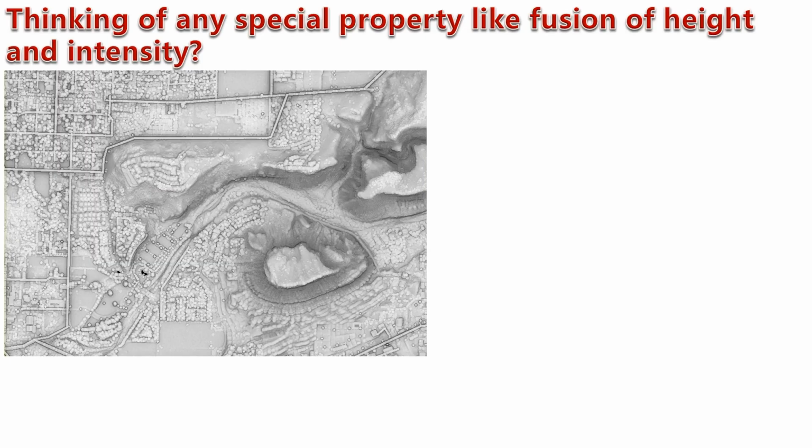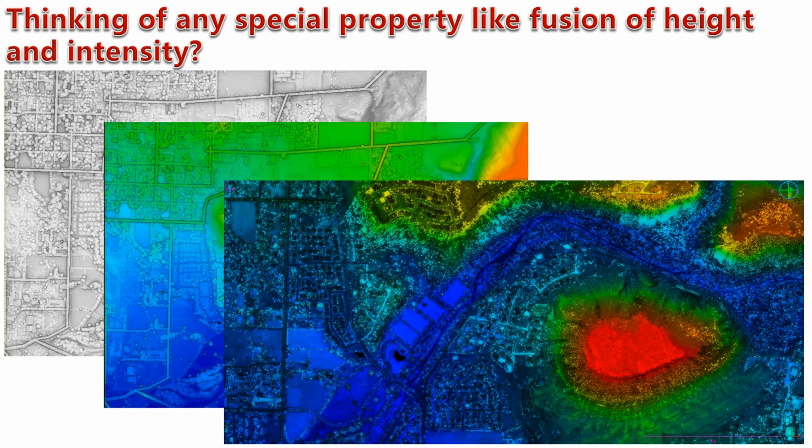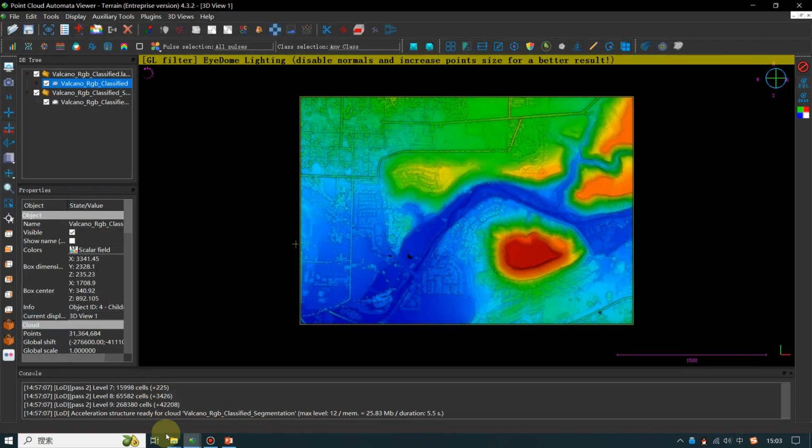At the same time, we can also combine two attributes to enhance rendering. For example, here we can fuse reflection intensity information with elevation information for enhanced rendering. Next, a specific example is combined to demonstrate.